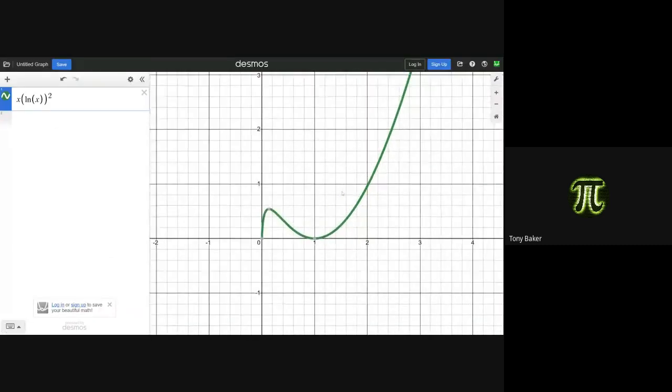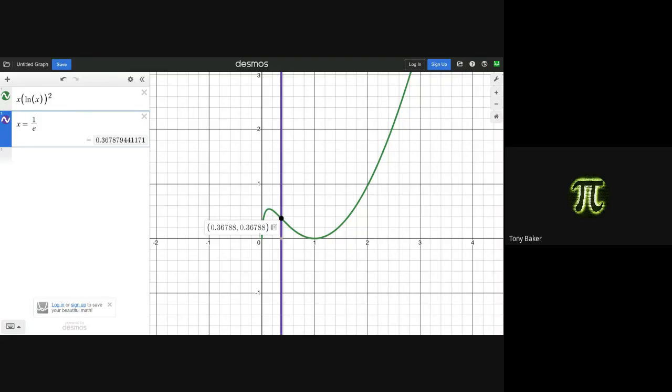So this is actually what the graph looks like, and that's where it switches from concave down to concave up. All right, next one.